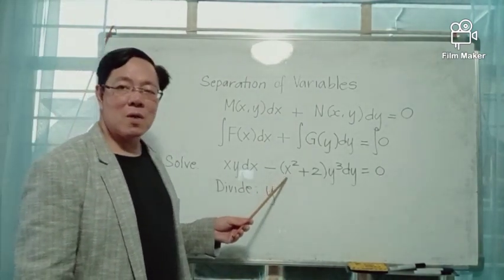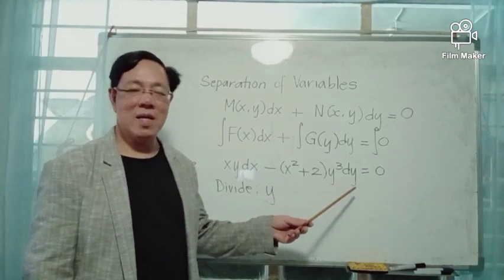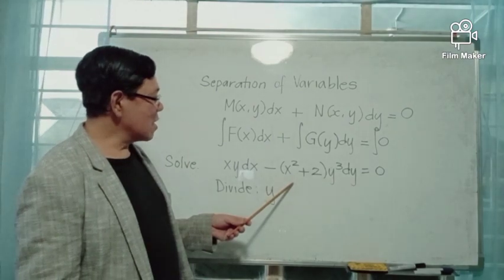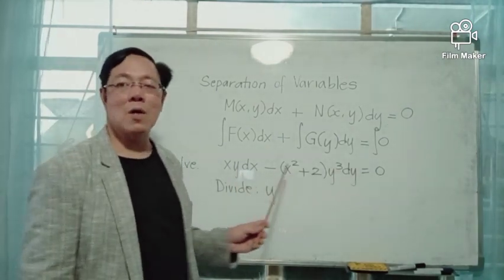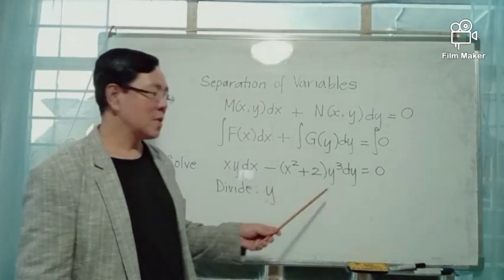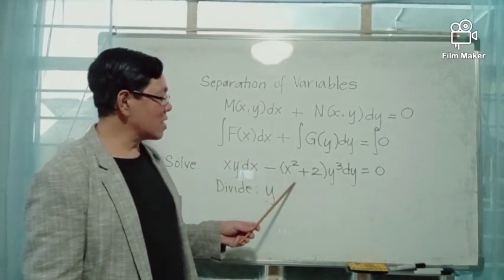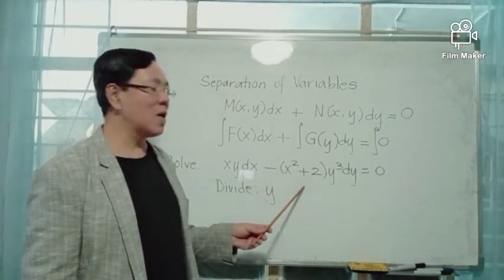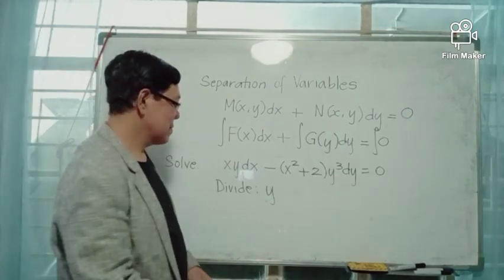To remove the quantity x squared plus 2 in the coefficient of the differential of y, we can divide both sides of the equation by x squared plus 2. If we divide the second term by x squared plus 2, it will be removed from the coefficient of the differential of y.